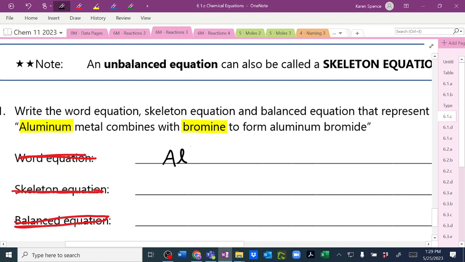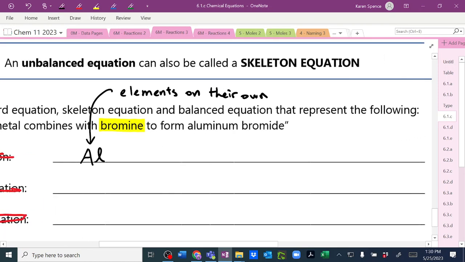Now, do I write 3 plus? No. Elements on their own have a charge of 0. So that's aluminum. That's neutral aluminum.